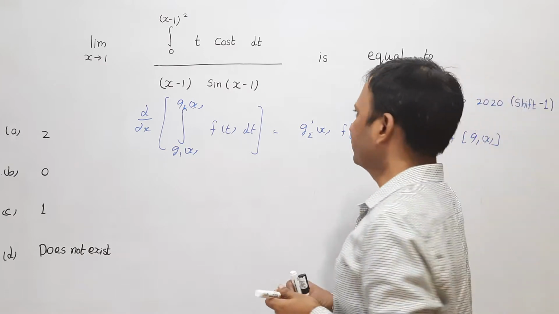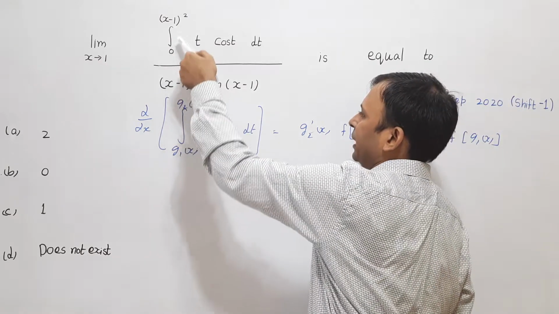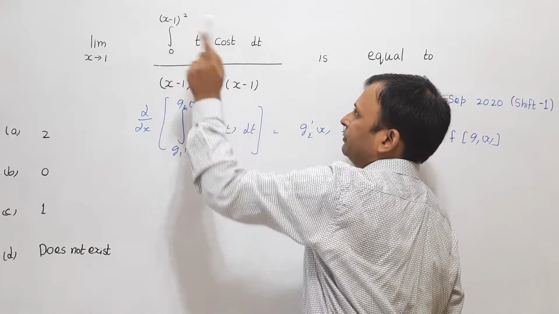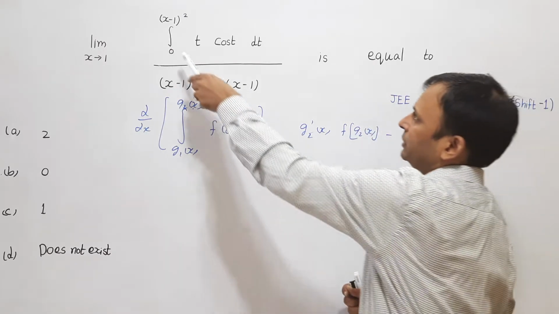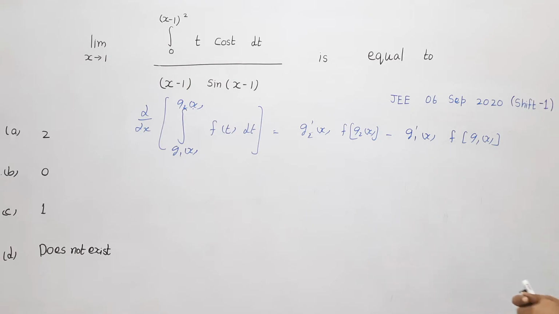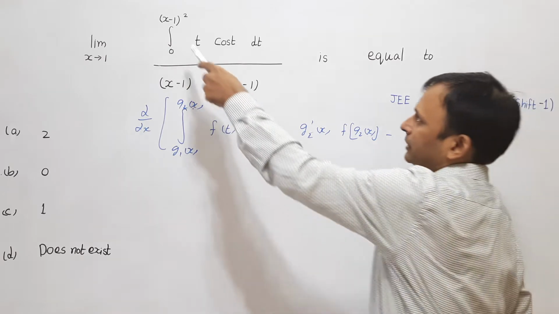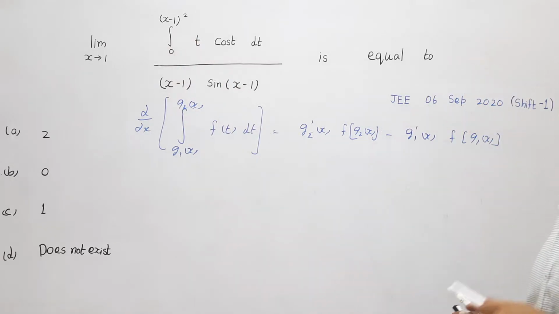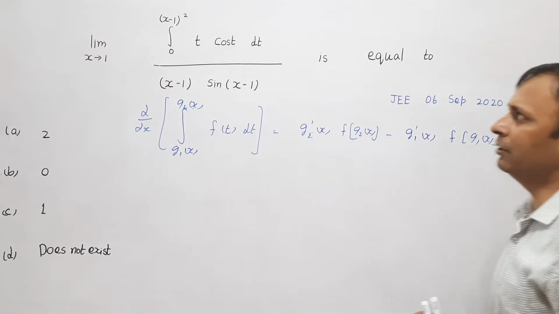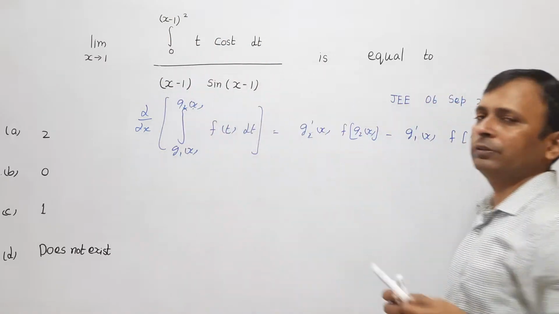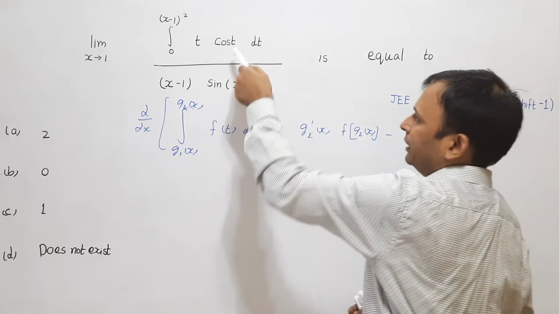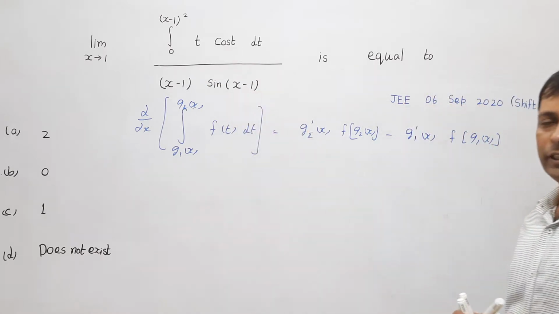Now here, instead of g1(x) and g2(x), we have 0 and (x minus 1) whole square. So I will first use the upper limit, (x minus 1) whole square, and its derivative. What I am trying to do is find the derivative of the numerator and then separately find the limit for numerator and denominator.